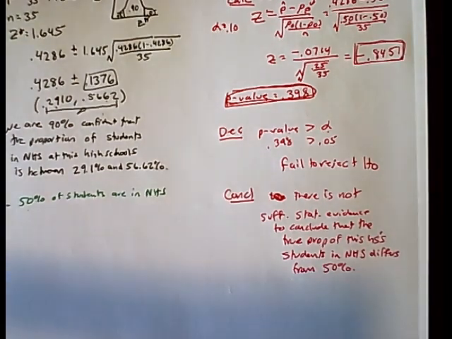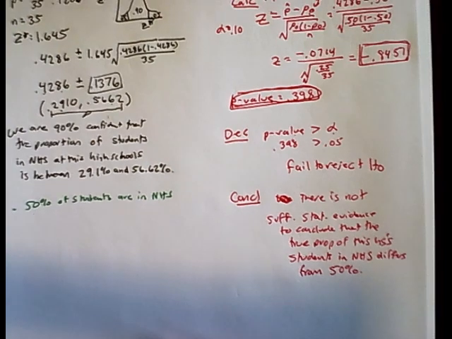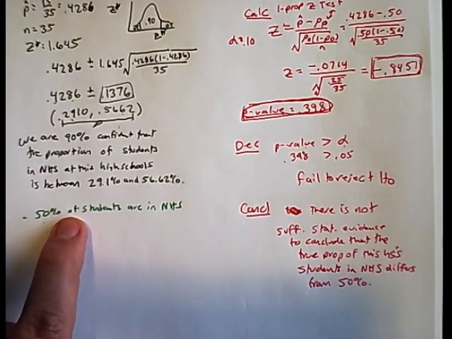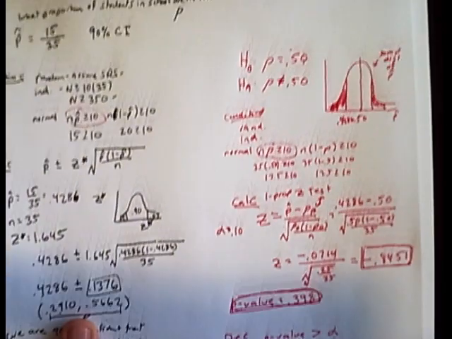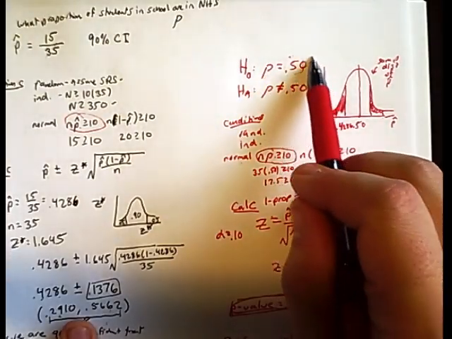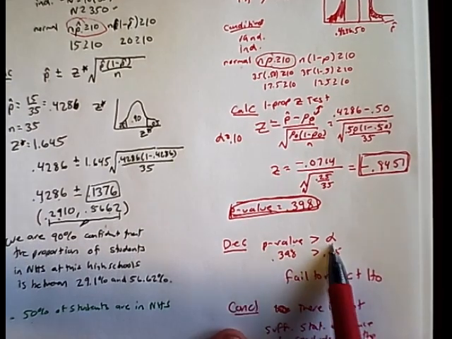Something like that. I have to believe this claim because 50% is in the interval. I have to believe this claim because the p-value was greater than alpha.